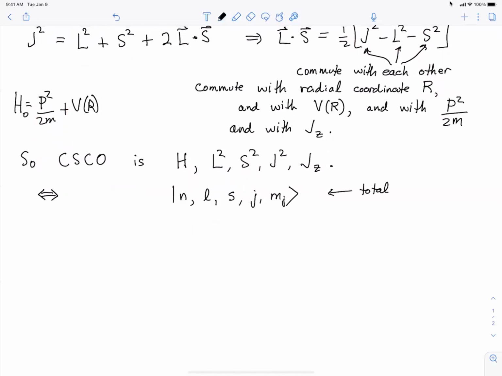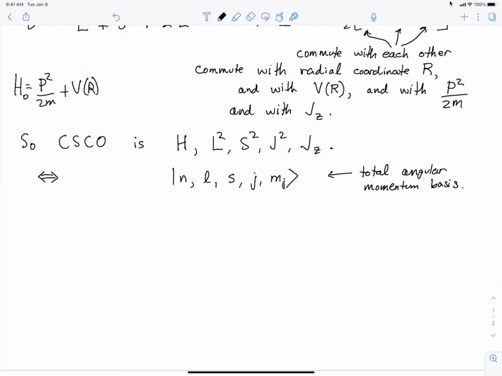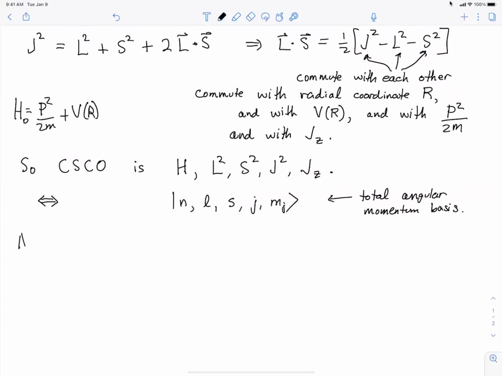Okay. All right, so we've got an orthobasis, and this is just terminology, this is the total angular momentum basis. Now the good thing about this basis is that acting on the states in the basis, J squared, L squared, and S squared are just numbers, because that set of states are eigenstates of J squared, L squared, and S squared.